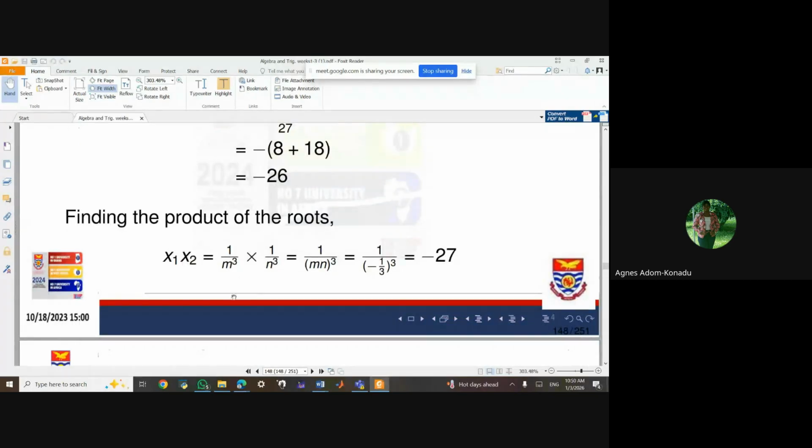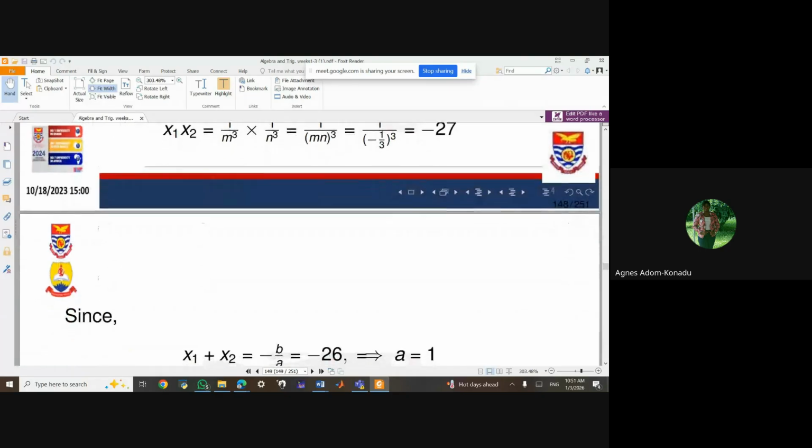And then the product is 1 on m cubed times 1 on n cubed, which is the same as 1 on (mn) all cubed. And that's 1 over (negative 1 on 3) cubed. When you simplify this too, you get negative 27.